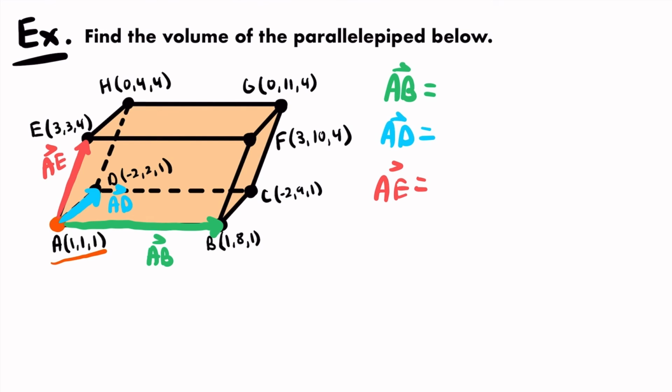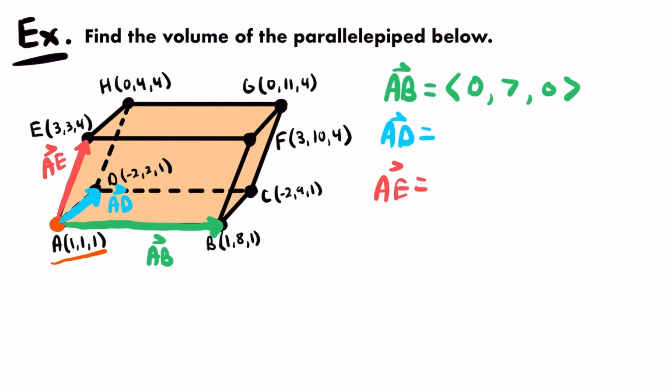Remember, if you want to find a vector in component form using 2 points, what you have to do is subtract the components of the initial point from the components of the terminal point. So we'll have 1 minus 1, that'll give us 0. And then for the y component, we'll have 8 minus 1, which is 7. And then for the z component, we will have 1 minus 1, which will also give us 0.